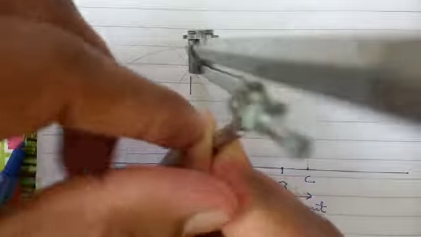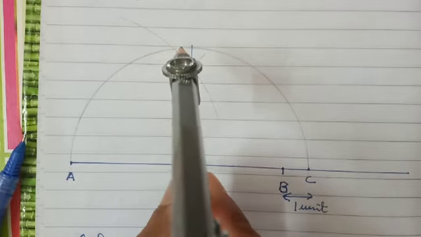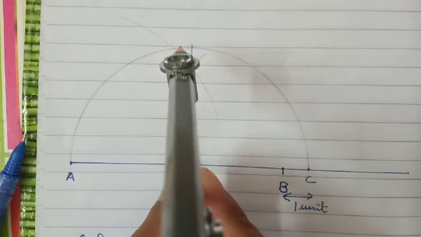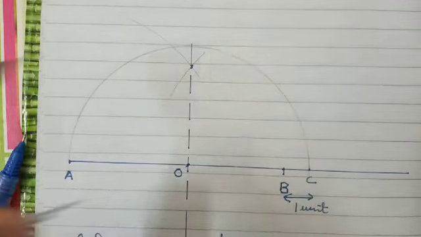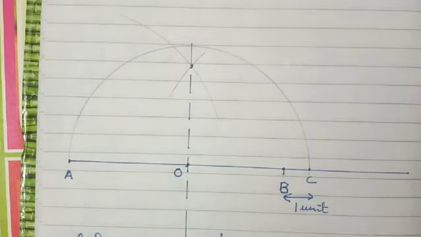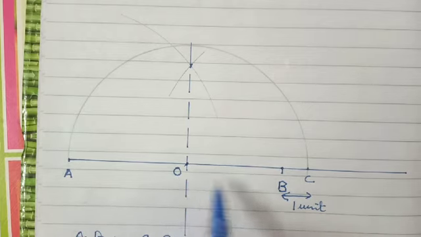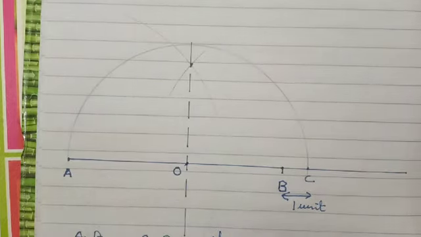Make a semicircle like that. We draw that semicircle. Now you can see the semicircle having center O and radius OA equal to OC.